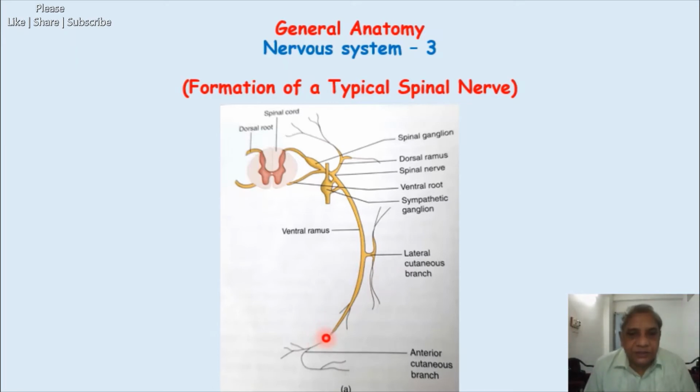So the trunk divides into the ventral ramus and dorsal ramus, and many branches will arise from the ventral and dorsal rami. So this is just a brief structure of a typical spinal nerve.